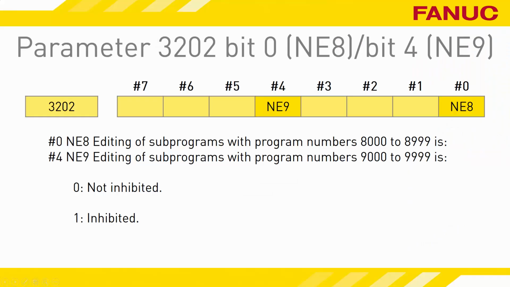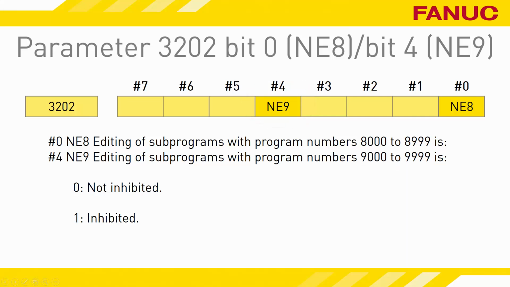Parameter 3202, bit 0, NE8, determines if subprograms in the range 8000 to 8999 can be edited, displayed, or output to an external device. Parameter 3202 bit 4, NE9, determines if subprograms in the range 9000 to 9999 can be edited, displayed, or output to an external device.